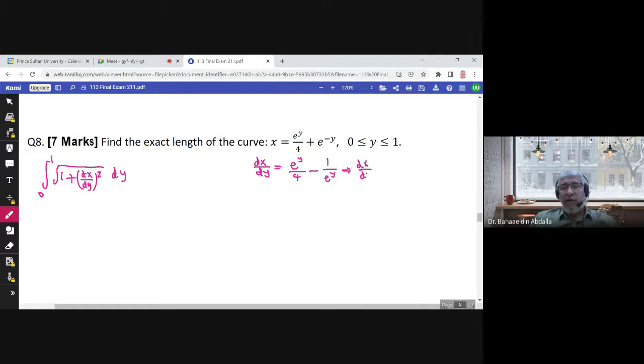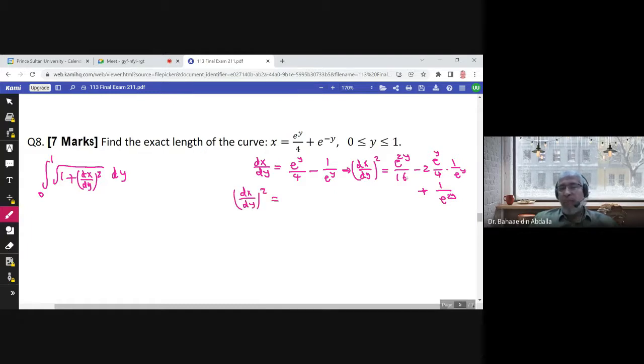Then dx over dy to the power 2 would be e to the power 2y over 16 minus 2 times e^y over 4 times 1 over e^y plus 1 over e^y squared, or e to the power 2y. So what is dx by dy squared?